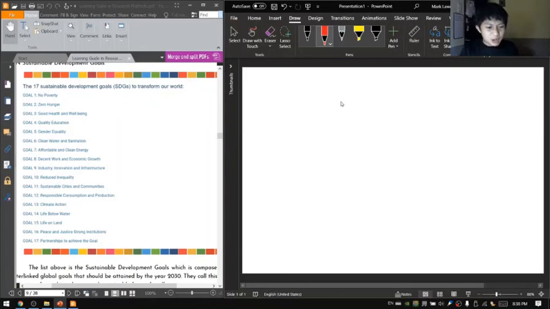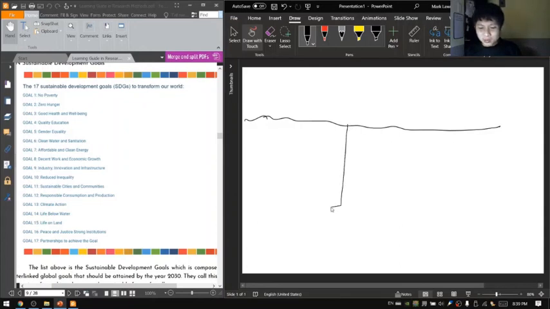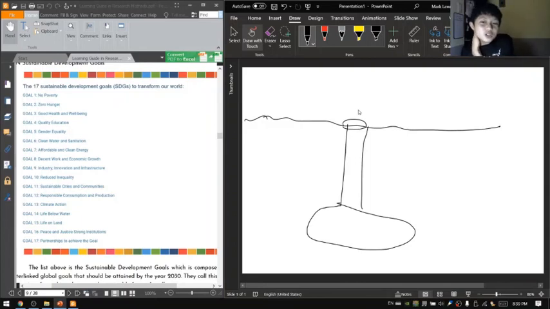Okay, so life below water. You might be questioning, why is life below water one of the goals of UN? So that could be underwater cities. Okay, why? Well, there are many reasons why you put your house underwater.